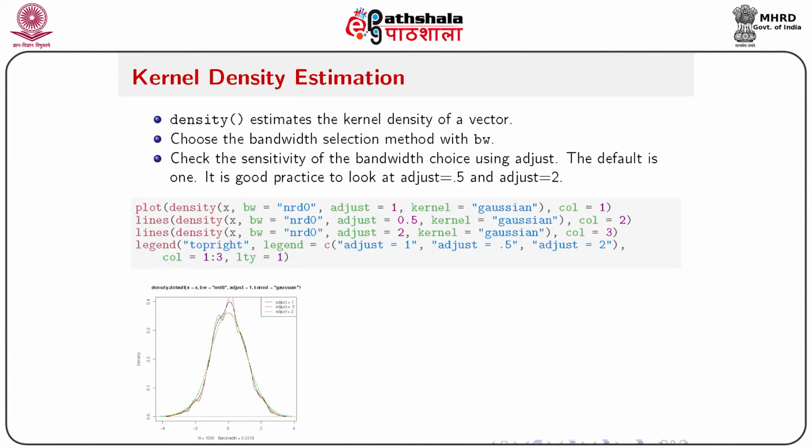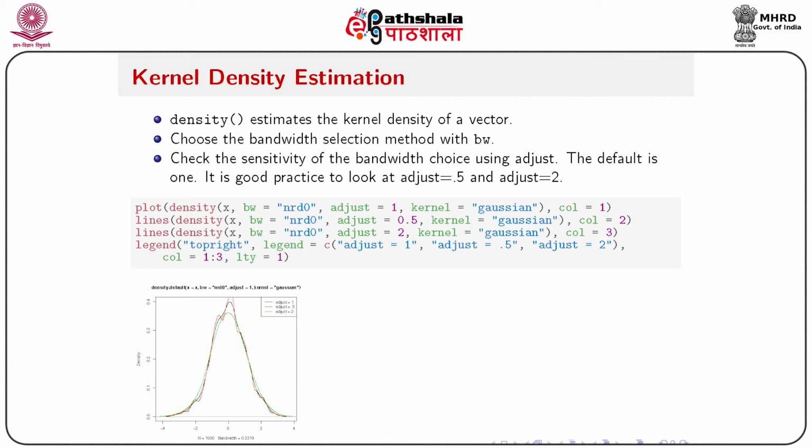Now the kernel density estimation. The density function helps to generate the kernel density estimate. Choose the bandwidth selection method with bw, and check the sensitivity of the bandwidth choices using adjust. The default is 1. It is good practice to look at adjust 0.5 and adjust 2.